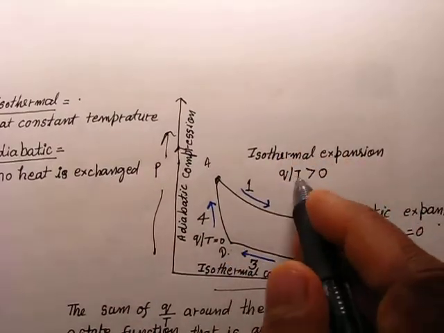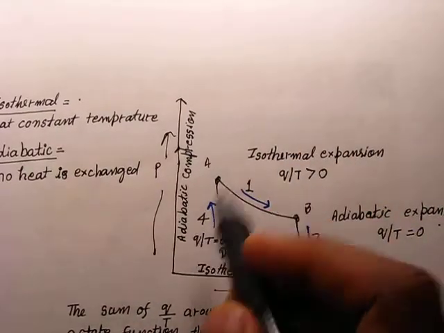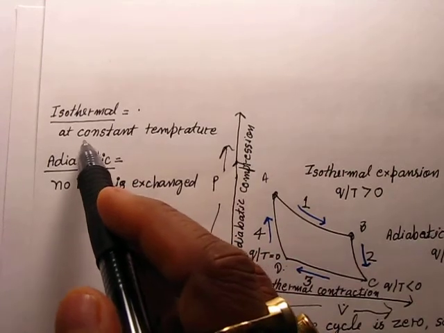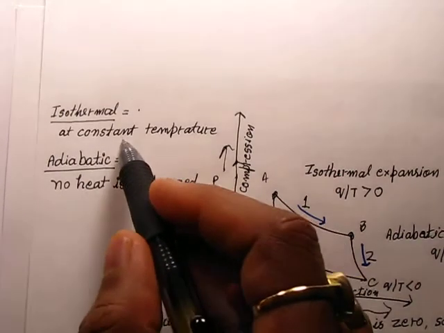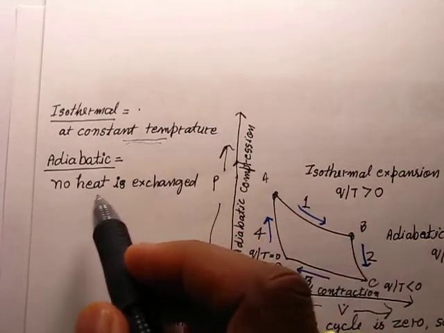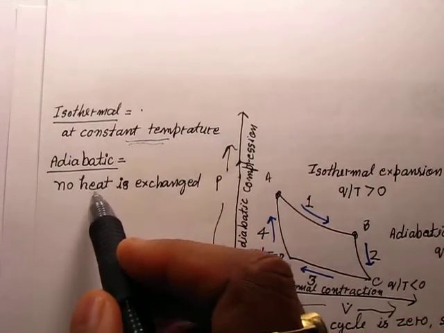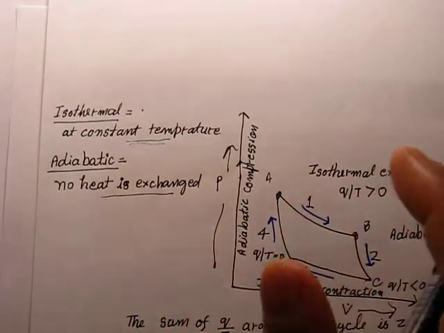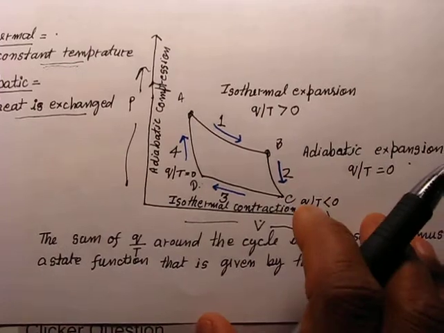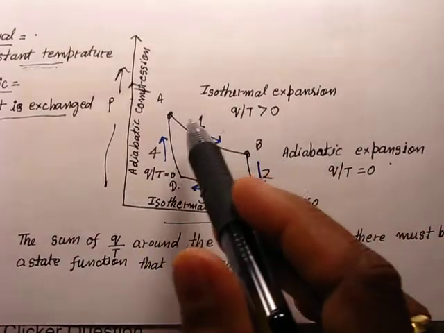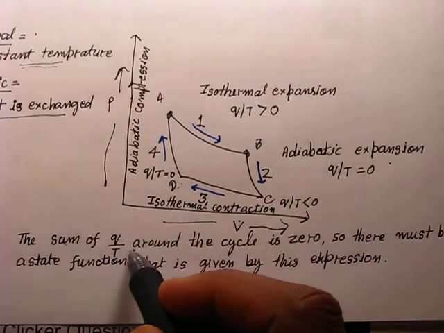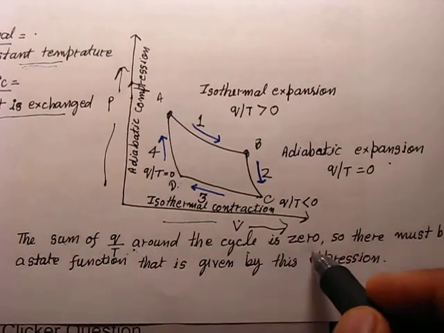And what is the meaning of isothermal and adiabatic? Isothermal processes are those processes which occur at constant temperature, and adiabatic processes are those processes where no heat is exchanged during the process, right? And if we combine all the Q over T in this process, the sum of the Q over T around the cycle is 0.